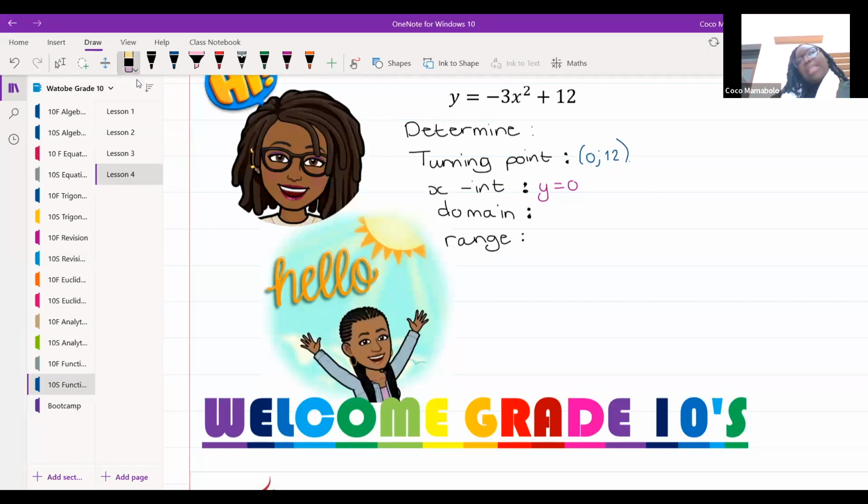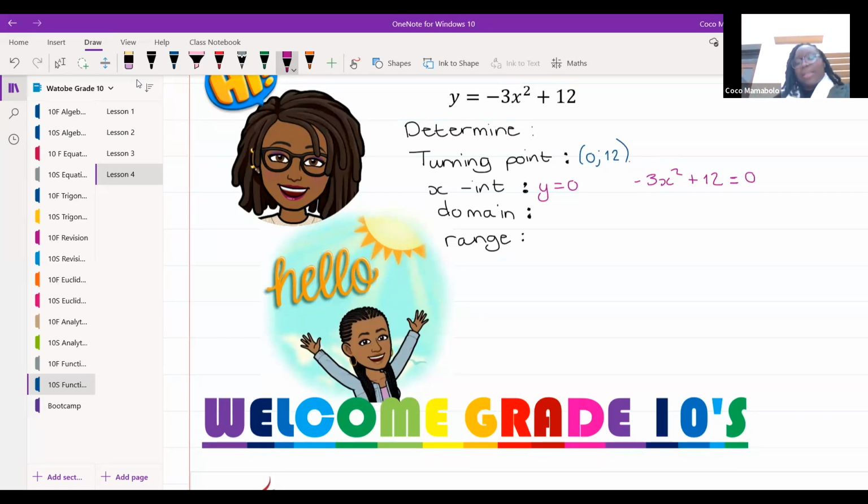Okay, remember, we're doing the x-intercept, so we're making y 0. So we're calculating for x. We're solving for x. So we'll have negative 3x squared plus 12 is equal to what? 0. Good. We're solving for the x-intercept, not the y-intercept.